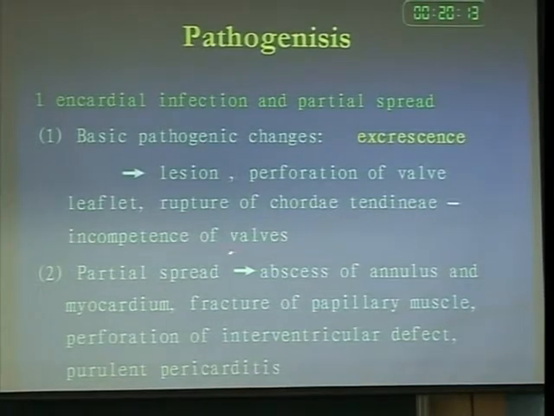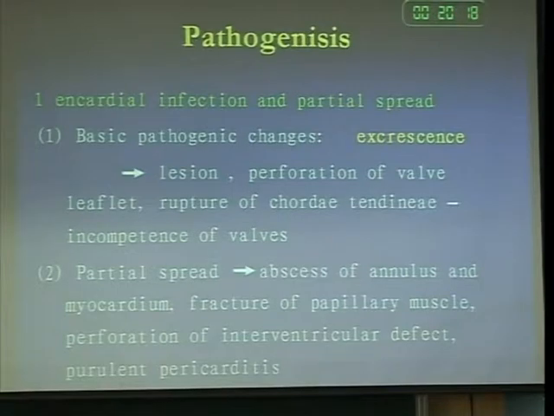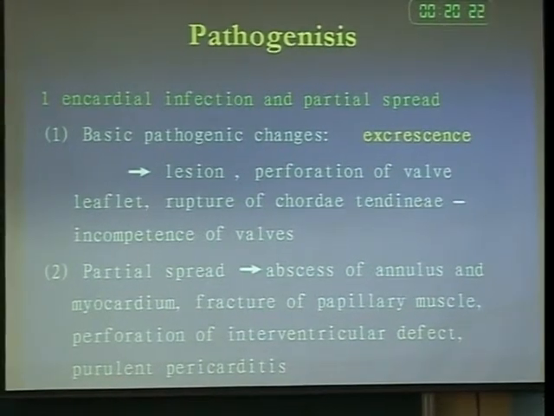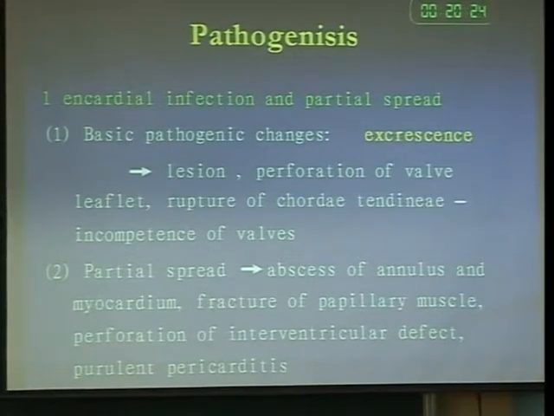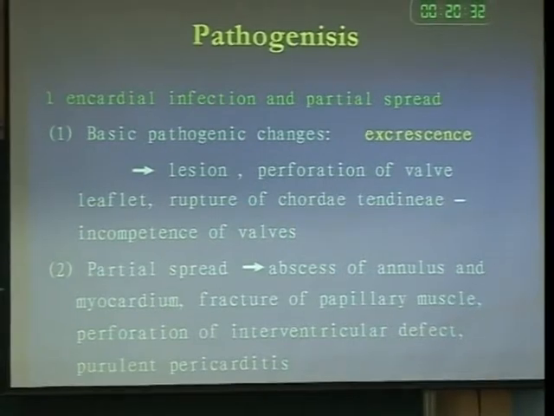For the partial spread, there may be an abscess of the annulus and the myocardium, and rupture of the papillary muscle. There may be perforation of the interventricular septum, and purulent pericarditis.